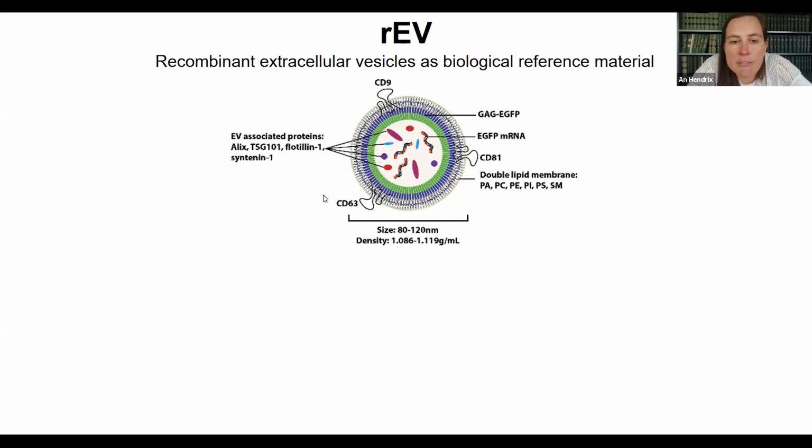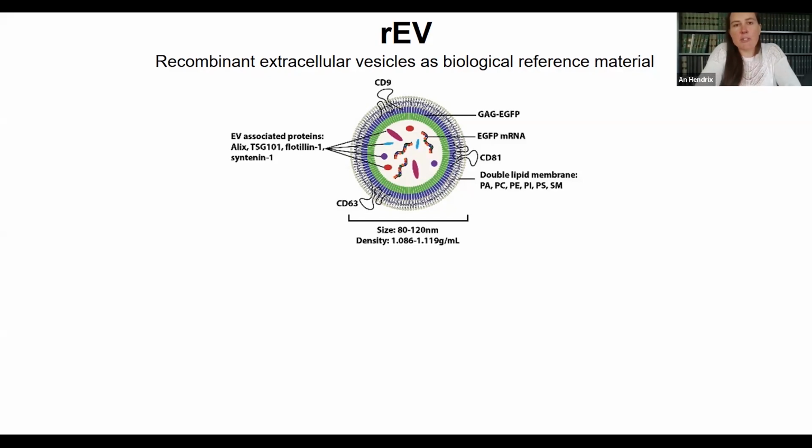So we identify the common surface proteins like different tetraspanins, but also some luminal EV-associated proteins like ALIX, TSG101, and syntenin-1. Furthermore, these recombinant extracellular vesicles share both their size and density with endogenous extracellular vesicles.